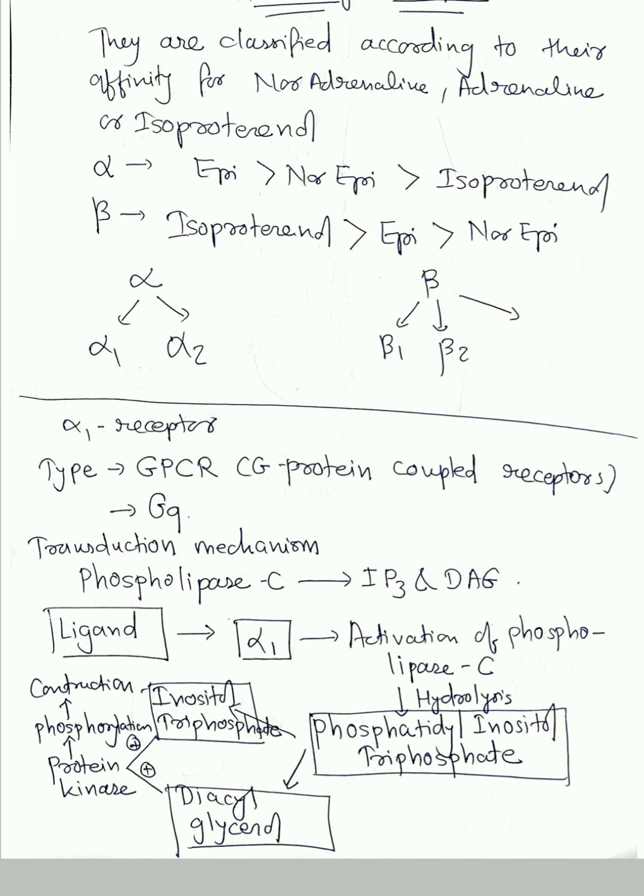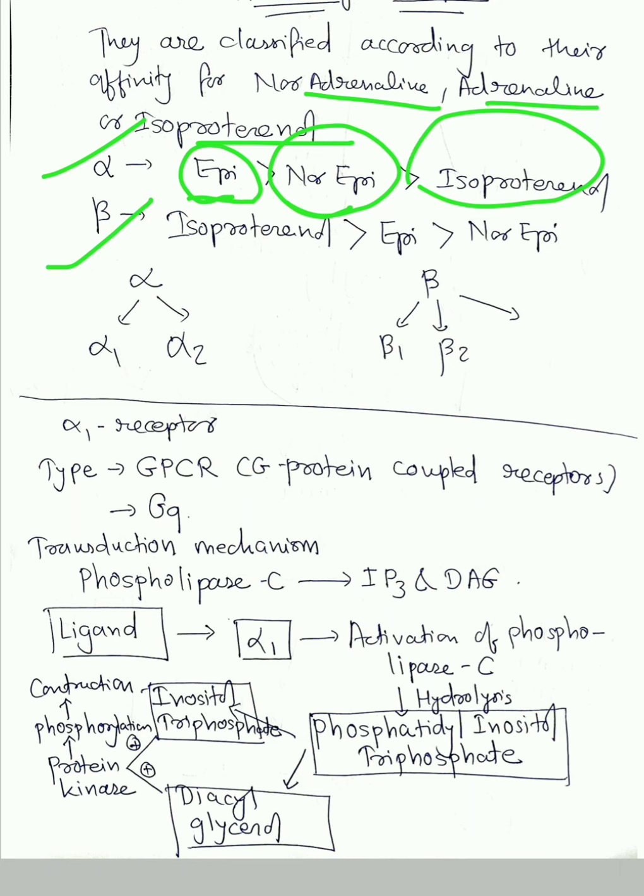So based on their affinity for noradrenaline, adrenaline or isoproterenol, they are classified into two receptors, alpha receptor or beta receptor. Now affinity means what? Their ability to bind with that receptor. So alpha receptor binds more easily with epinephrine, then with norepinephrine, and then with isoproterenol.